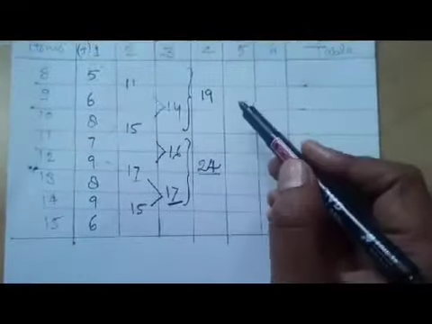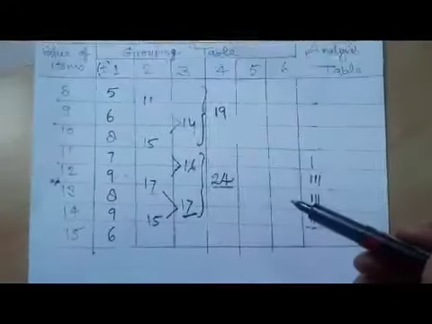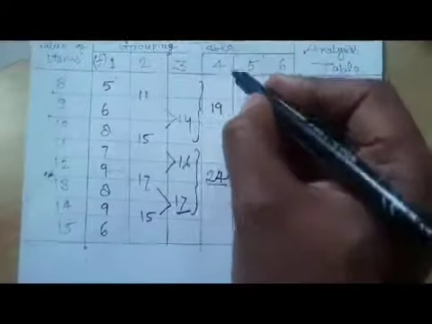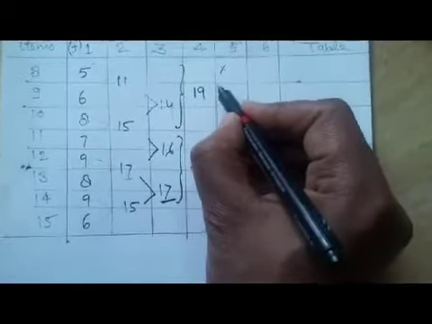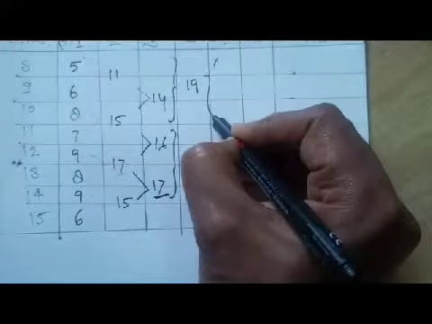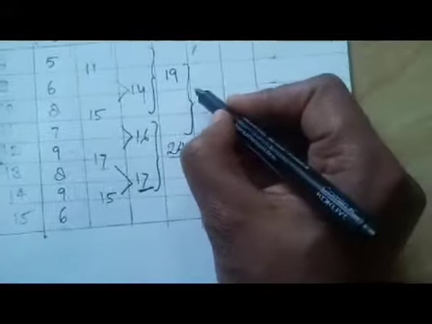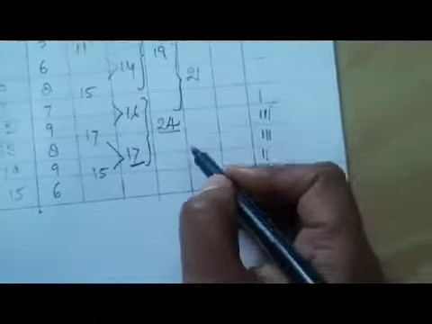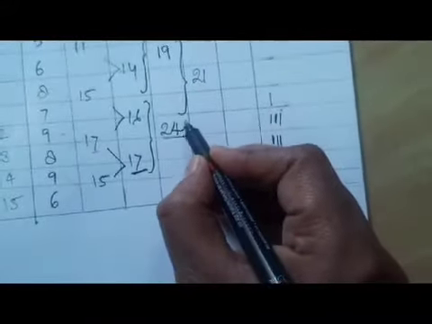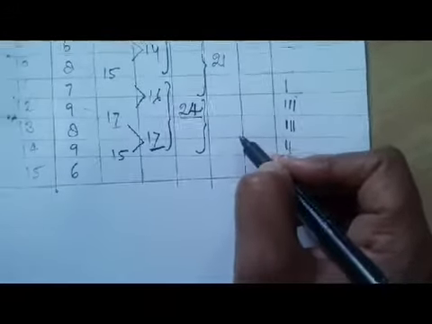Now in the fifth column, what do we do? We again group into threes, but leaving the first value. Here the first value will be left. Now the next 3 are 6, 8, 7. How much is it? 21. We write it in the middle. Similarly, the next 3 are 9, 8, 9.